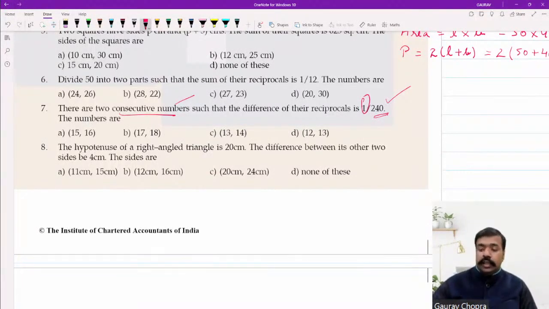For 15 and 16, the LCM is 240, and for the rest, 17 and 18, the LCM will not be 240, and same for C and D. Hence, option number A is correct. So here you can see that we haven't solved it. We simply applied our oral calculation. 15 multiplied by 16 is 240, so 240 is the LCM for 15 and 16. Hence this one is correct.